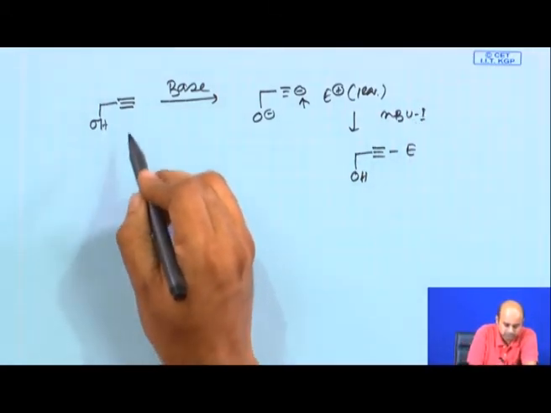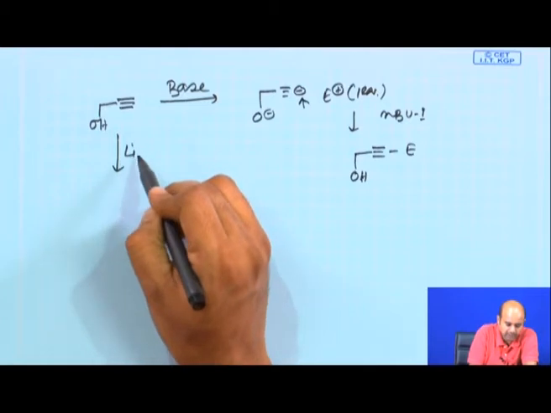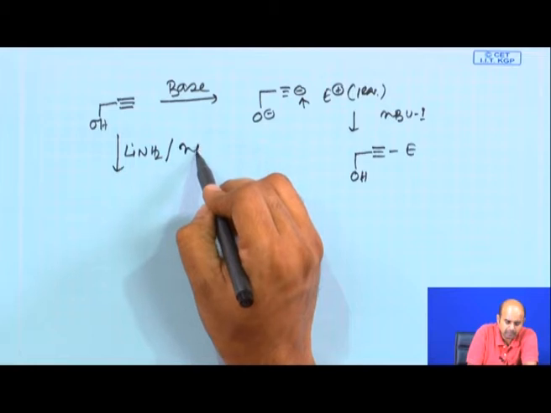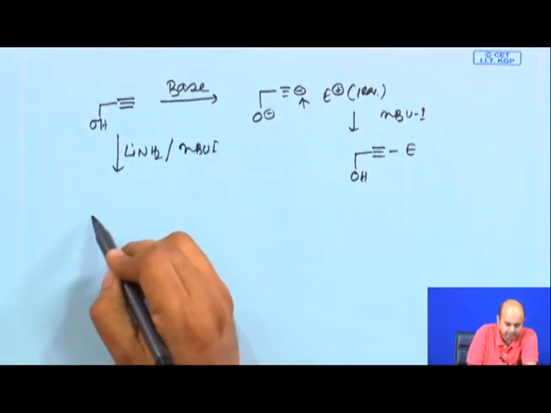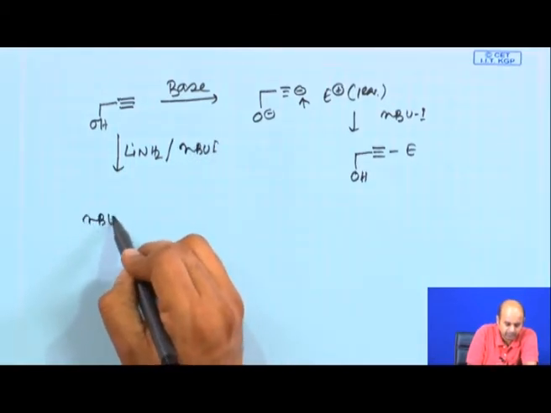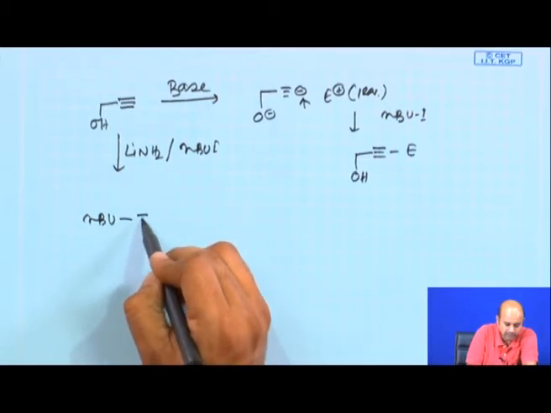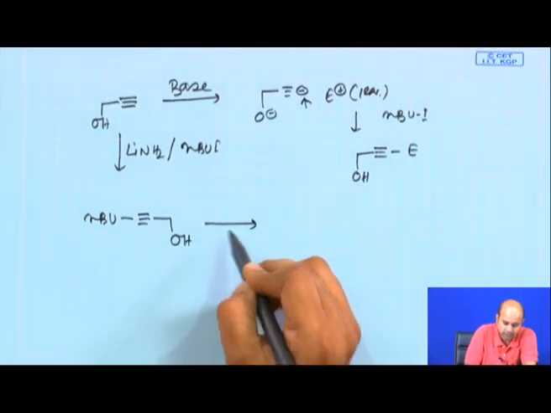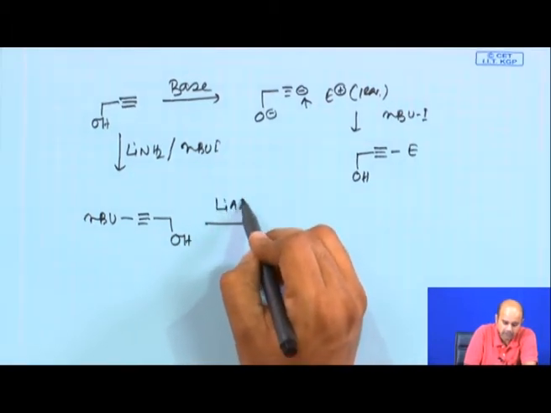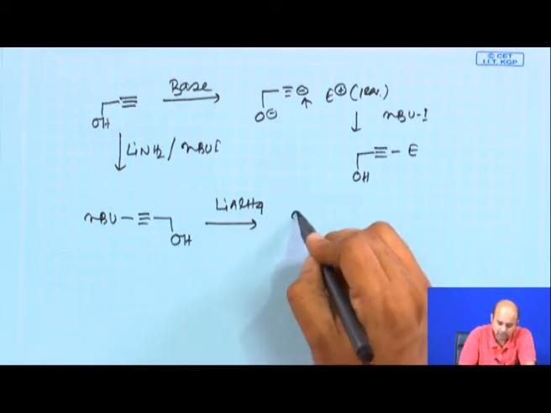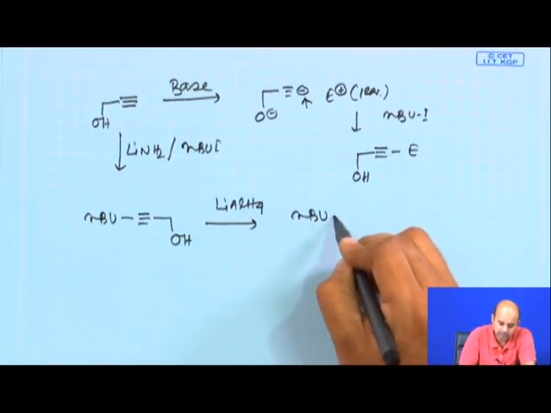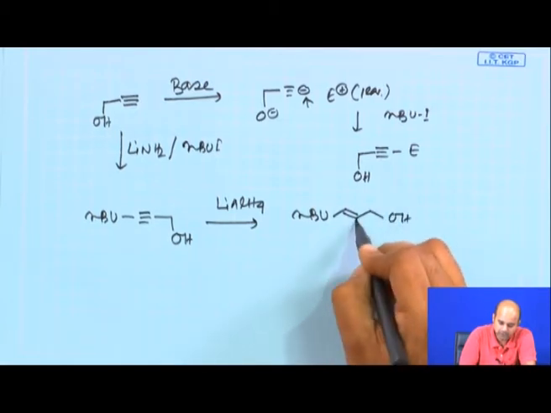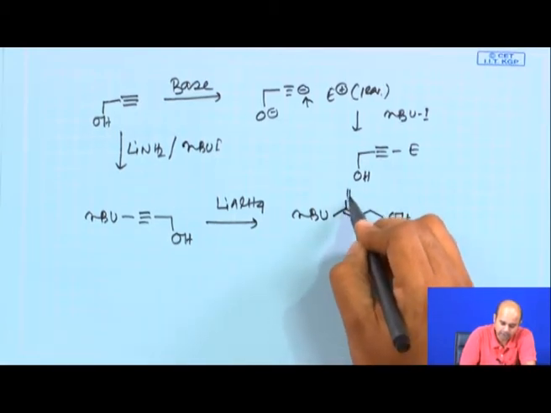So, lithium amide and n-butyl iodide. So, you are basically getting this n-butyl, this OH, fine, and then you use lithium aluminum hydride to get this n-butyl. The double bond geometry is now trans.